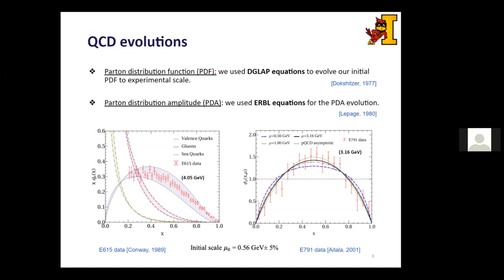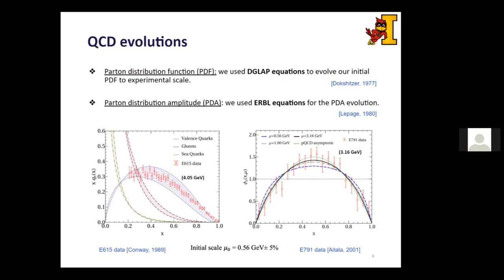You have to choose it in some way, so that you avoid large logarithmic corrections in the perturbative calculation. In principle, it's a perturbative evolution, so you would normally not want to start much below 1 GeV.